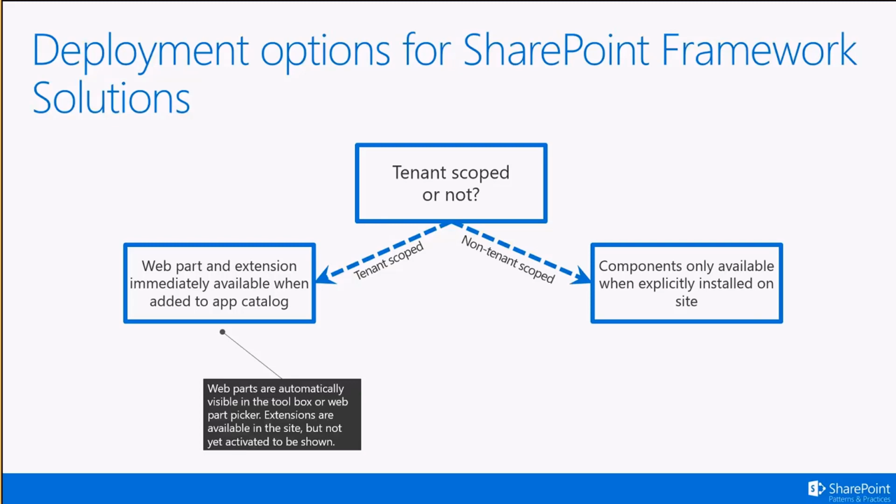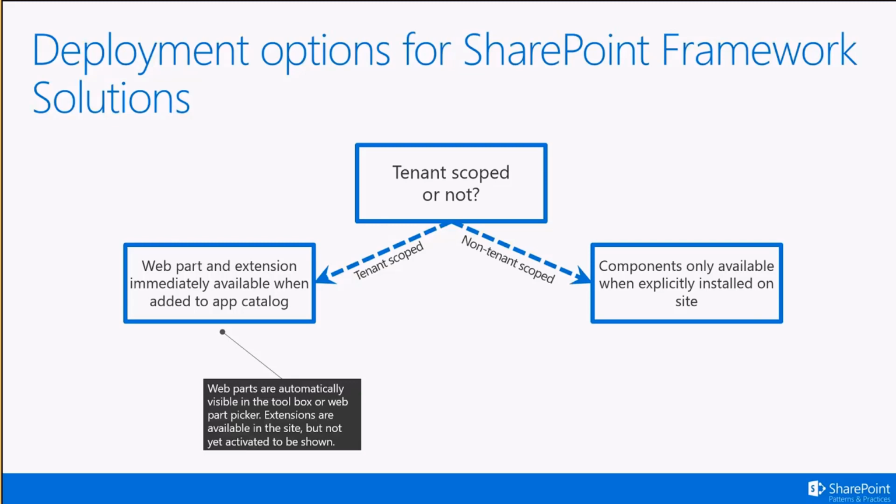What I mean by that is that we store the manifest of the web part in the app catalog site collection. It's hidden there, you don't need to know that it's there, but that's what actually happens in the background. And if you do not have the tenant scoped deployment option enabled, you will still need to explicitly install the solution in a site to get that web part visible in the web part picker.